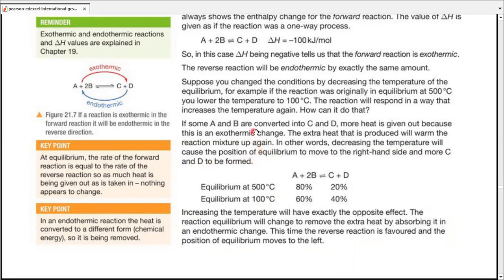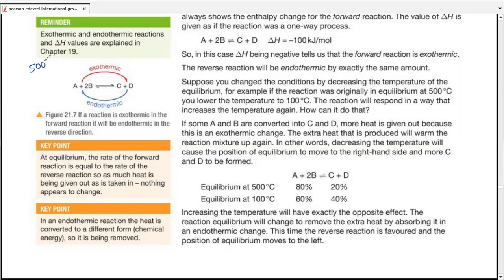Let me make some sense out of it by saying it in a simple way. If you try to decrease the temperature, the system will behave exactly in the opposite way. It will try to increase the temperature. The system can increase the temperature by going in the direction of exothermic reaction. So let's take the example again.